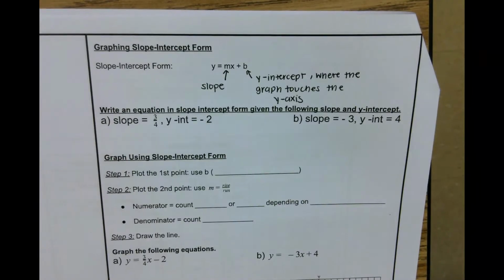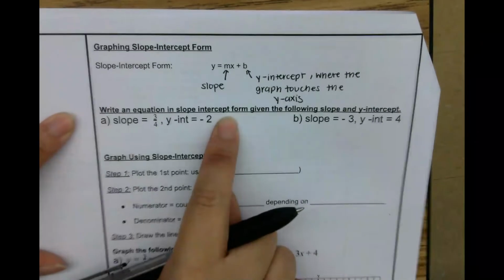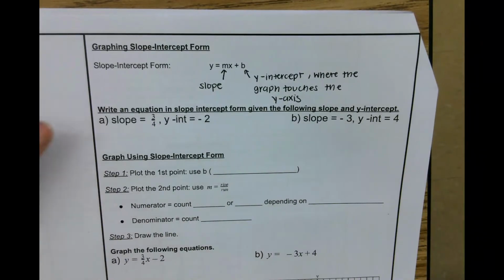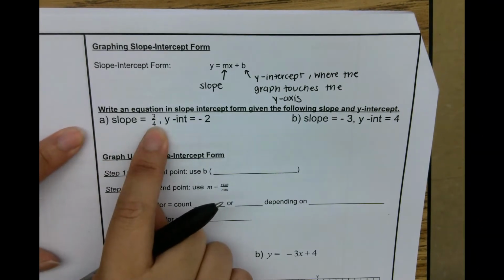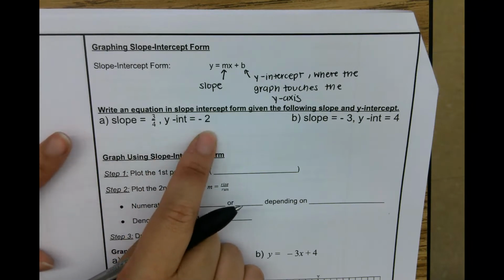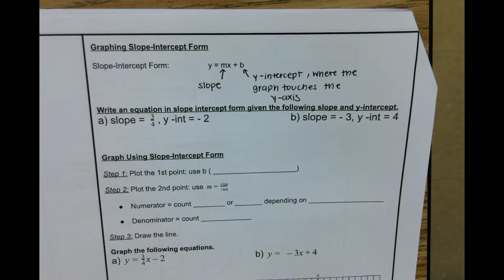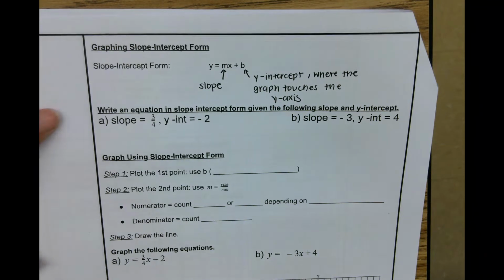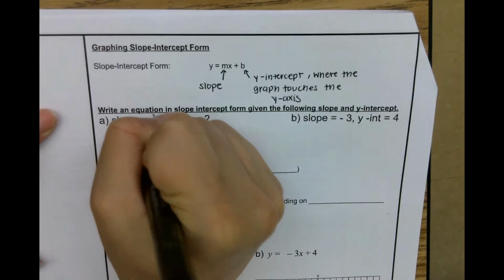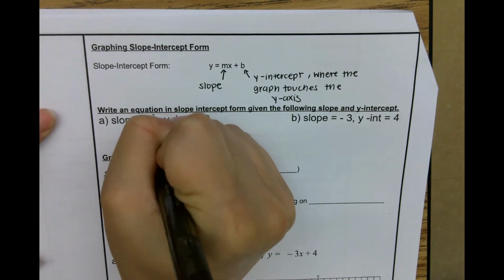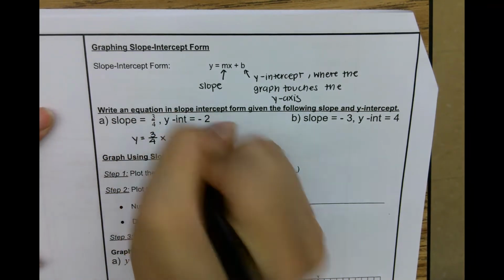Here I want you to write the equation in slope-intercept form given the following slope and y-intercept. I have a slope of 3/4 and a y-intercept of -2. Write it for me in slope-intercept form. You should have gotten y equals 3/4 x minus 2.